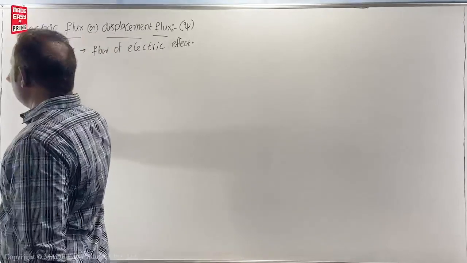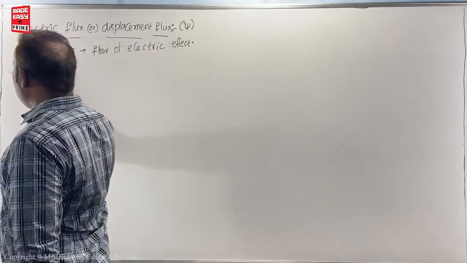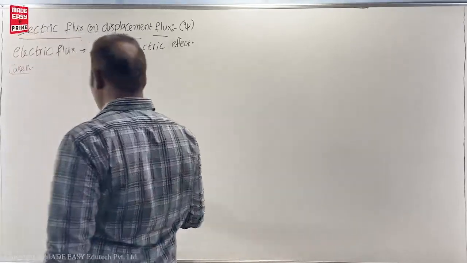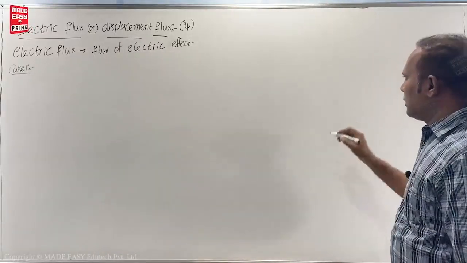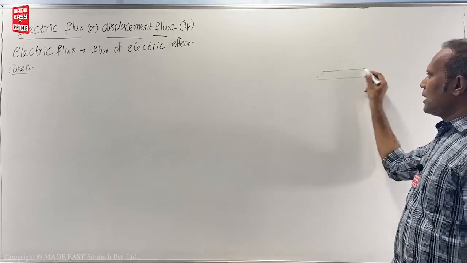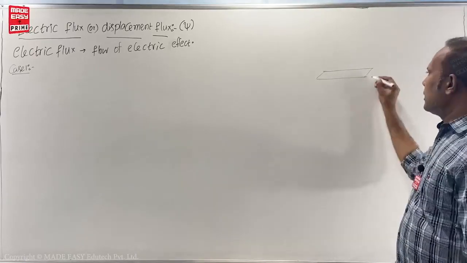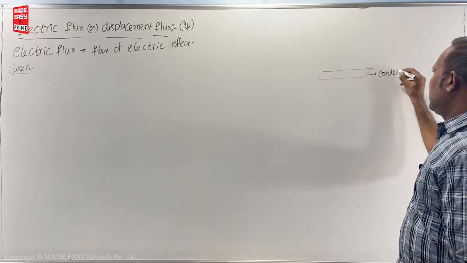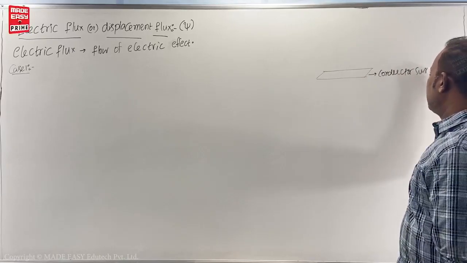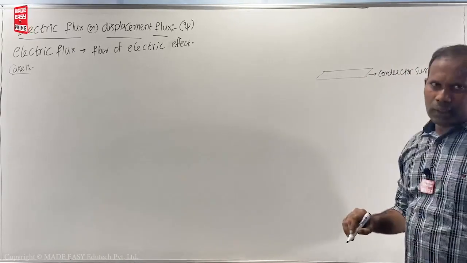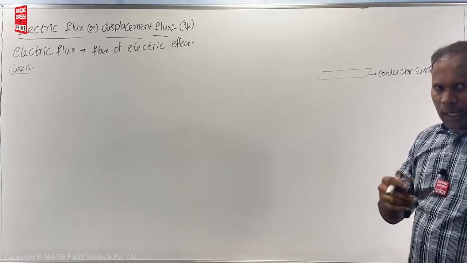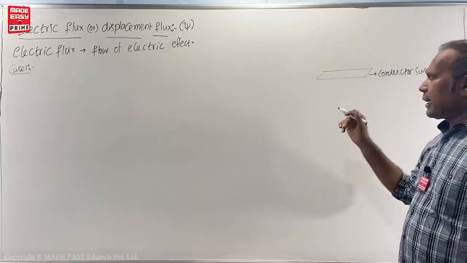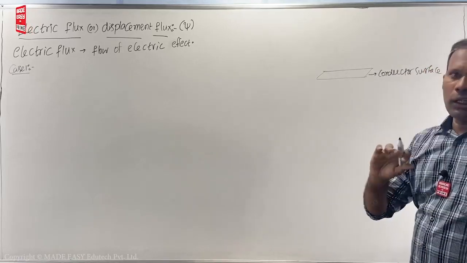Now, let us take case 1. Before going to case 1, I will explain one thing. Everybody knows what a parallel plate capacitor is. This is one conductor surface. What is the meaning of conductor? A conductor has atoms, and each conductor atom gives at least one free electron.